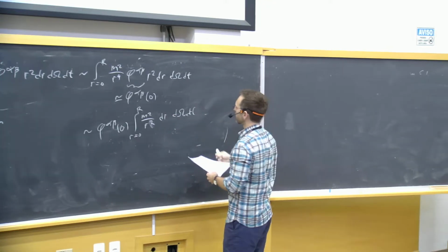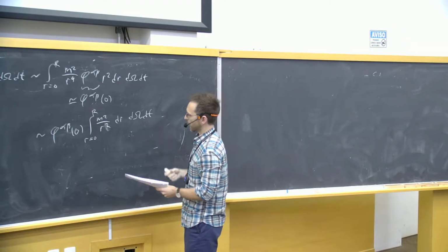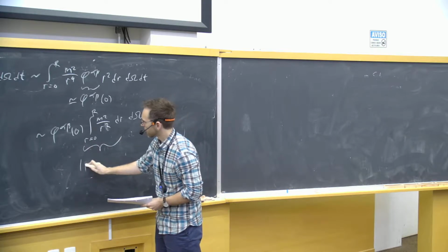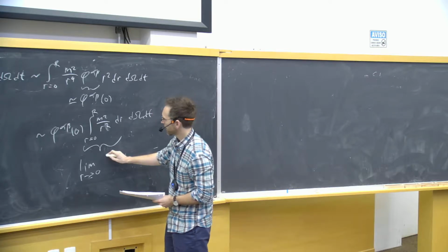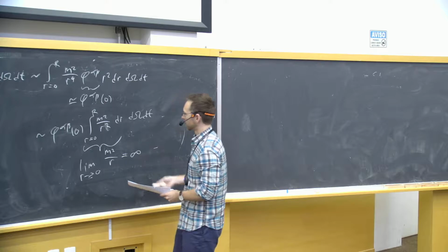The integrals over angles and t just come along for the ride, they're not important. And you see that this integral evaluates to the limit as r goes to 0 of m squared over r, which is infinite.